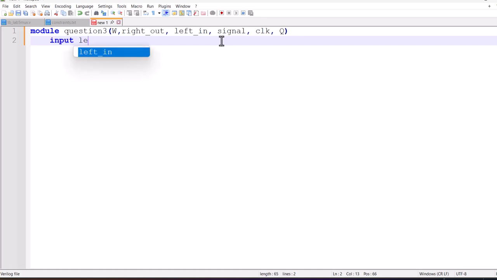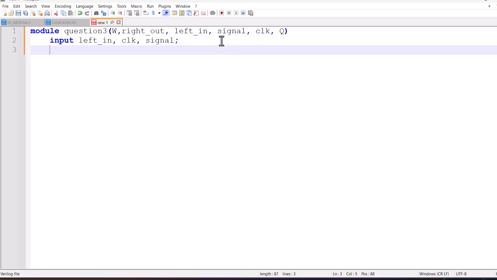We have left in, clock, signal. We have output. We're going to change it in the always block.